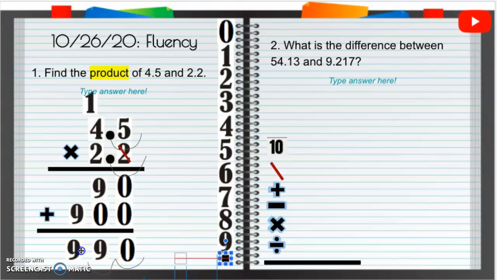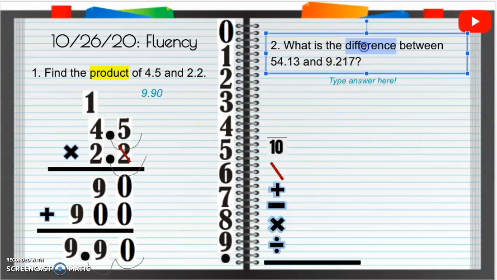And our decimal is going to be placed between that 9 and that 9 to give us an answer of 9.90, or 9 9/10, which is the same thing. You can put your placeholder of 0 after that if you'd like to, but you don't have to. So that's number 1. Let's take a look at number 2.